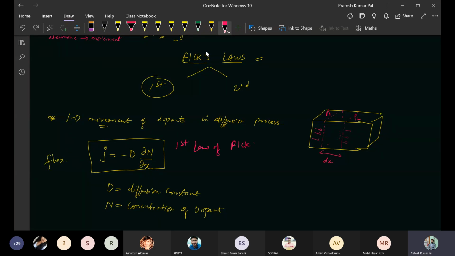Okay, this Fick's first law is basically valid for a diluted solution.